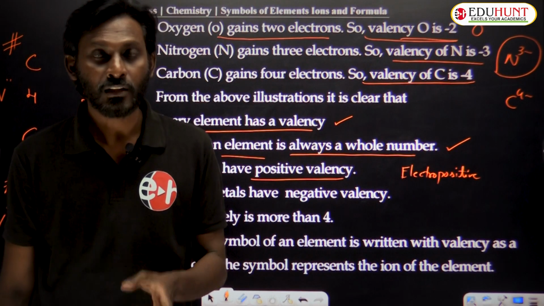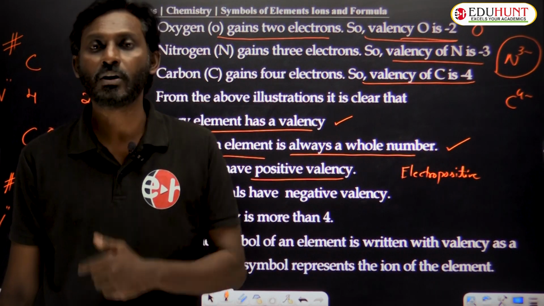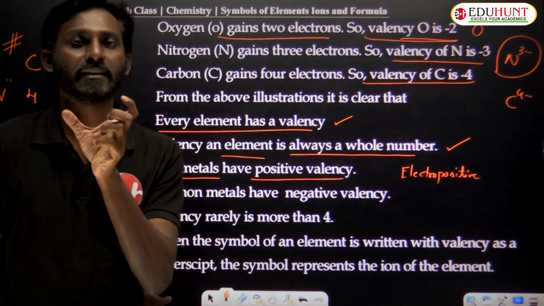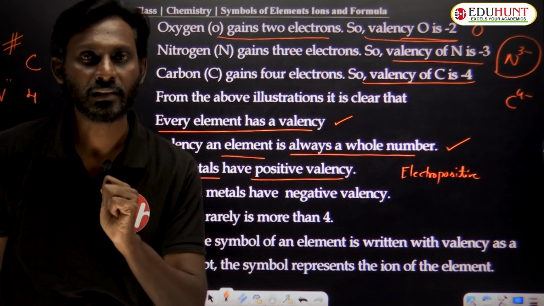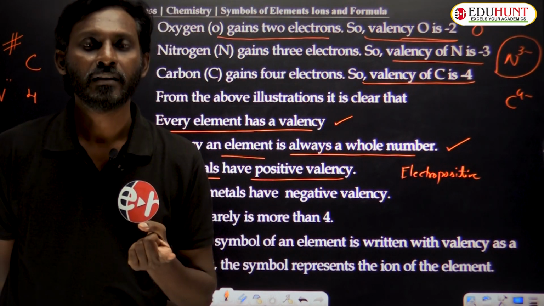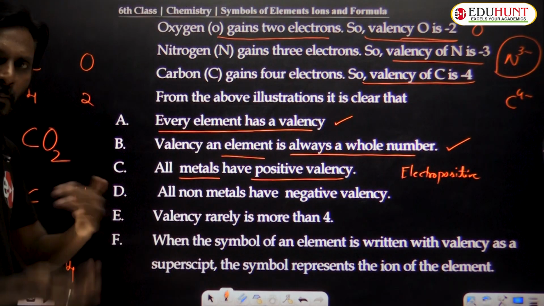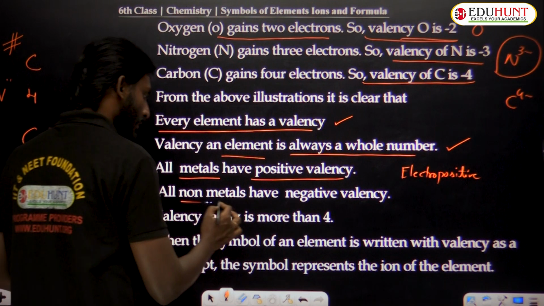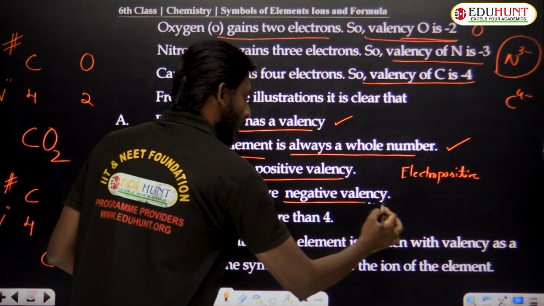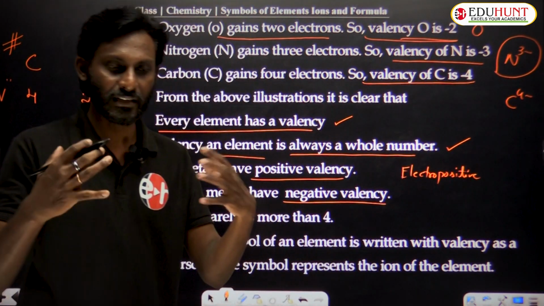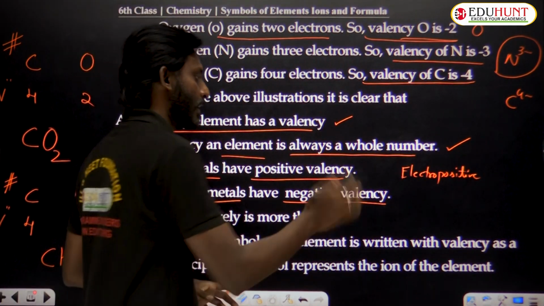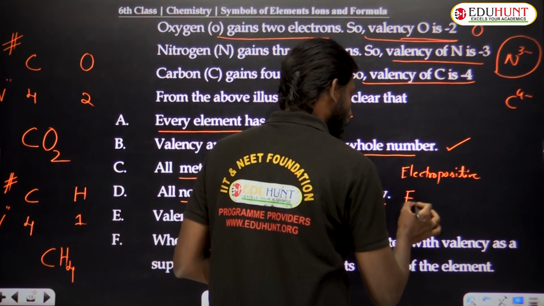So metals have a positive valency because metallic character means electropositive character. Metals generally lose electrons. Similarly, the opposite: non-metals have a negative valency because non-metallic character comes from electronegative behavior.